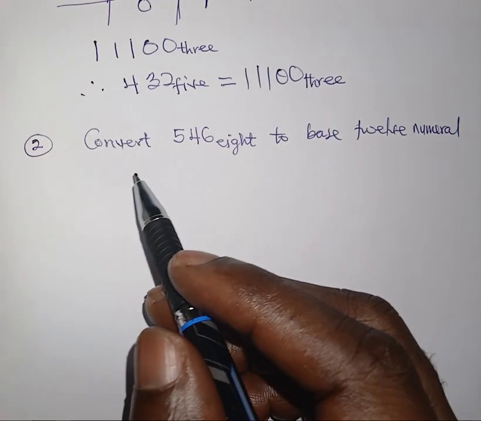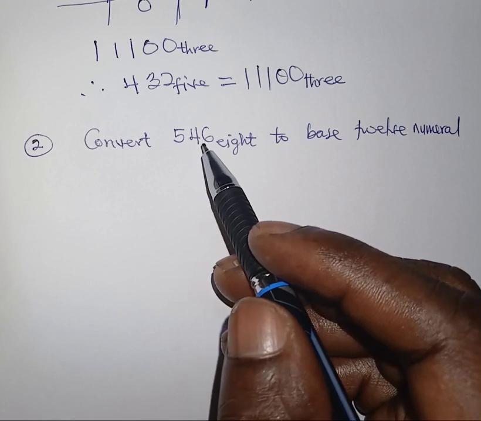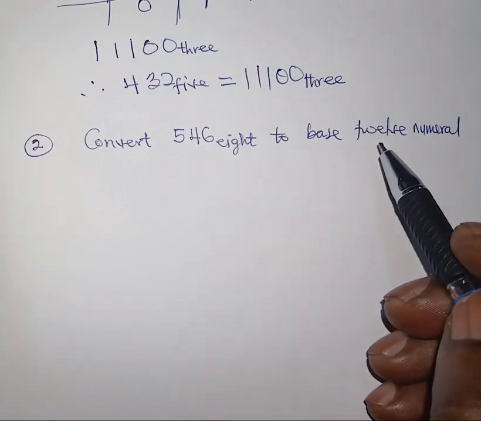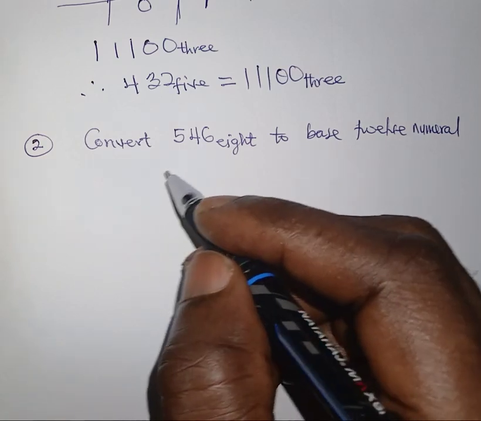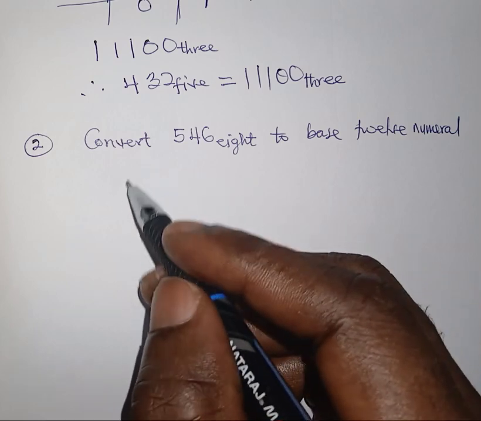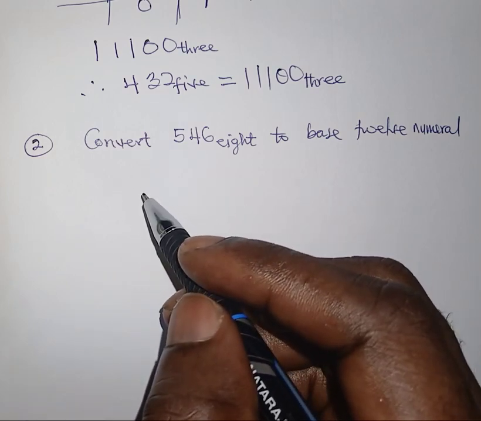Okay, so in example 2, we are to convert 546 base 8 to base 12. In this case we follow the same principle, but I'm going to use a different style which means the same.